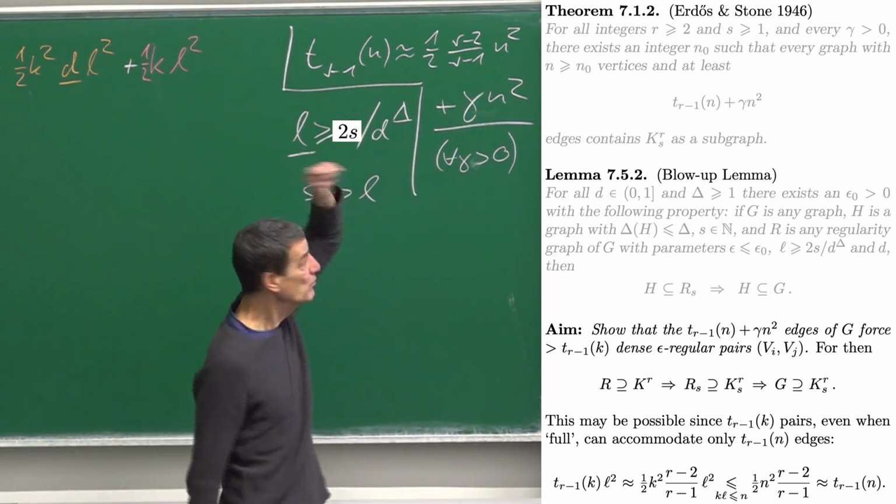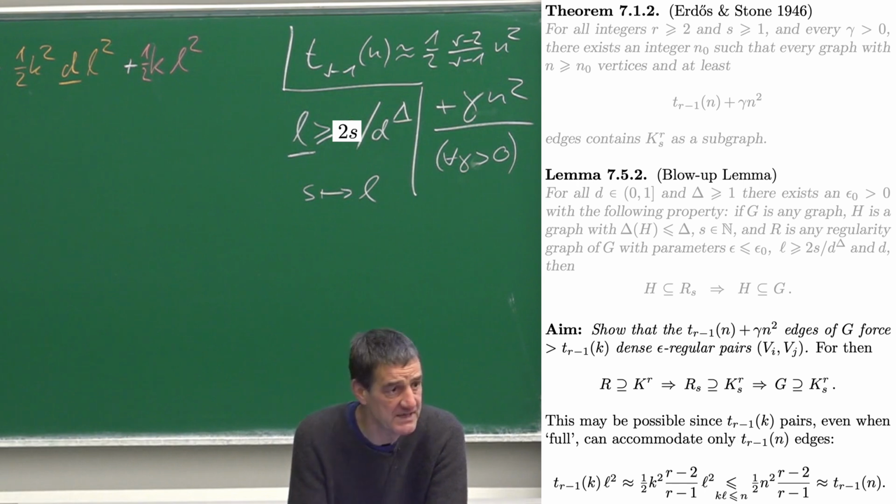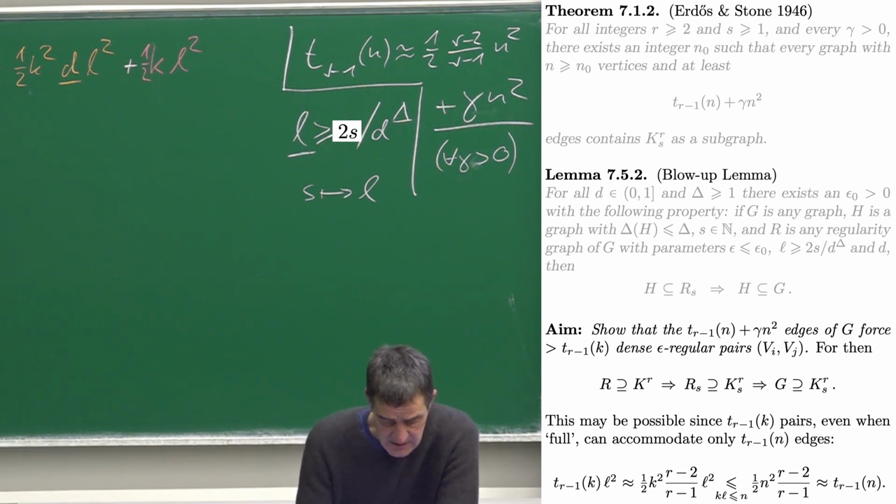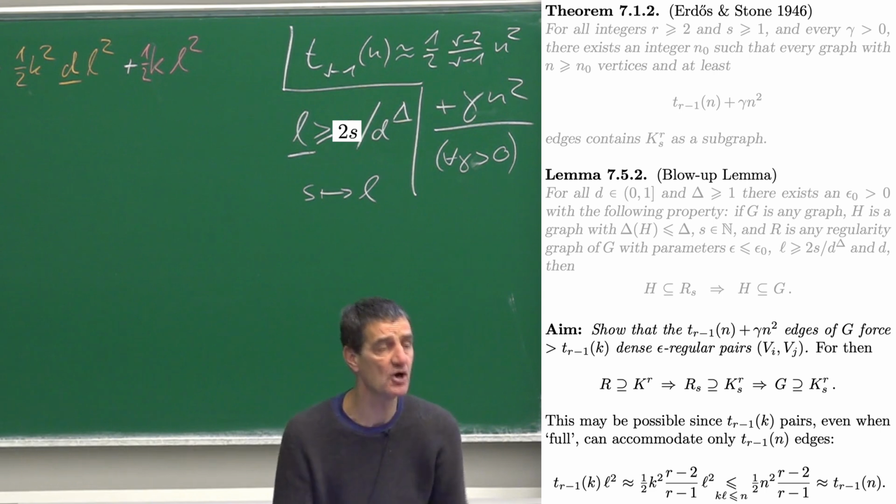So we have more edges than 90% of the possible edges, but that means that we have edges in more than 90% of the possible pairs.